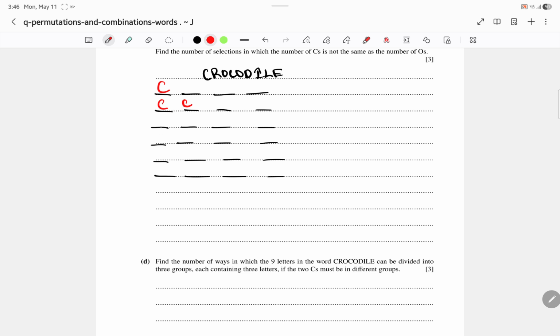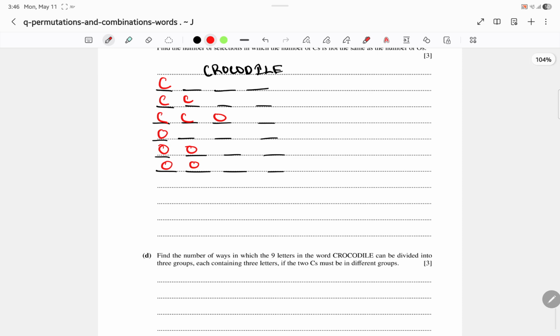Or there can be 2 C's and 1 O, still not the same number. Or there can be just 1 O and no C's. Or there can be 2 O's and no C's. Or there can be 2 O's and 1 C. These are all the ways this can be arranged.